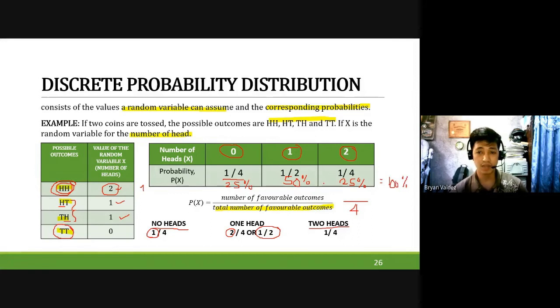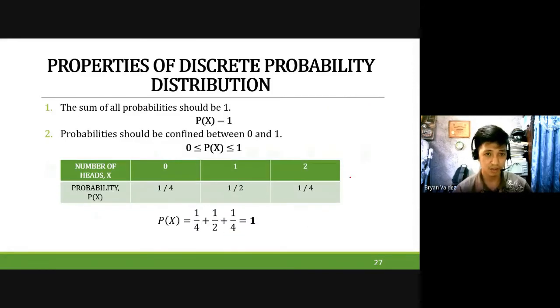Diyan natin malalaman kung yung probability ba ng isang event ay tama or hindi. Kasi pag nag-more than 100 yan, merong mali. Pag nag-less than 100, merong mali dun sa probability natin. Okay? So, ito yung sinasabi ko. So, the sum of all probabilities should be equal to 1 or 100%. Pag convert natin siya sa percentage. So, ayan, probabilities should be confined between 0 and 1.